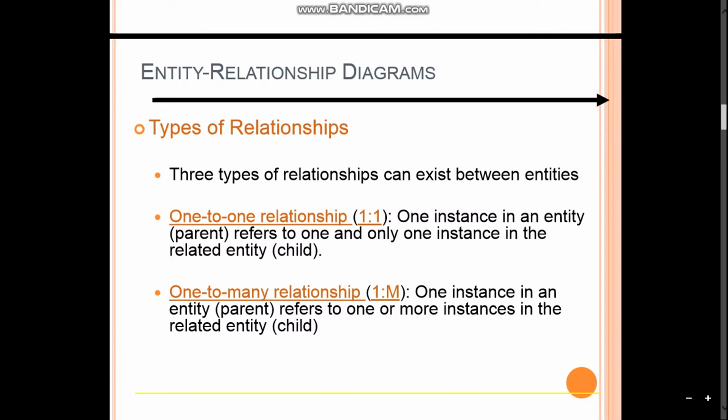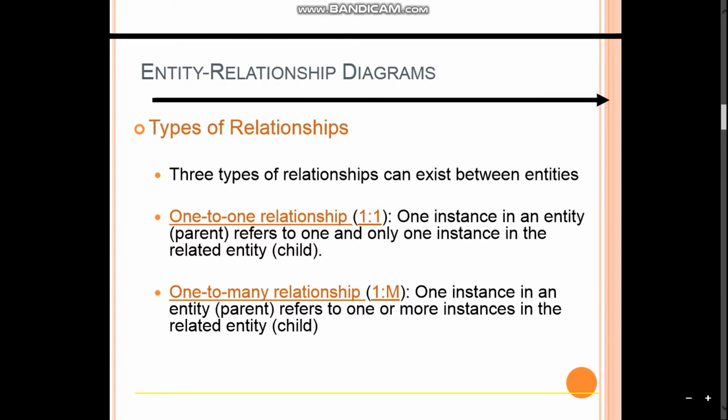Parent-child: any one entity instance from the parent side is connected directly to one child instance. We can say that one instance from one entity type is related to only one instance of another entity type.